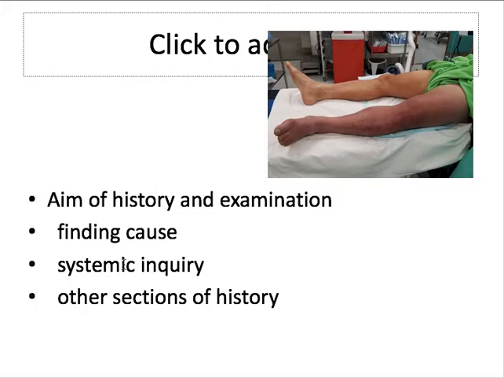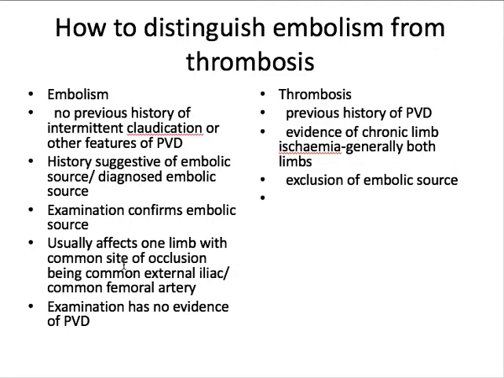But then differentiating thrombosis and embolism from the history, so check with what you have written whether you have got all this. With embolism, one thing is that there is no previous history of intermittent claudication or other features of peripheral vascular disease, because thrombosis happens in a previously partially occluded vessel.